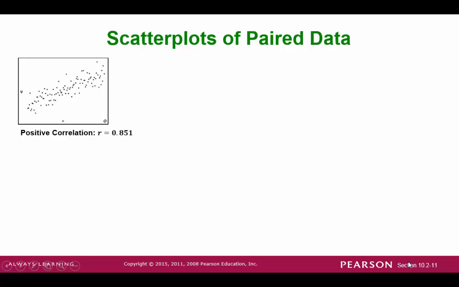So let's take a look at some scatterplots with corresponding correlation coefficient values. In our first example we have a positive correlation of 0.851. If you look at the data, it looks like it follows a straight line that goes upward if you look at it from left to right.